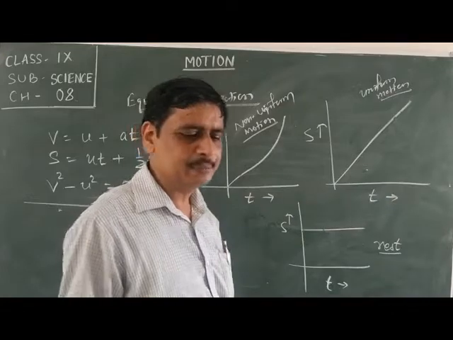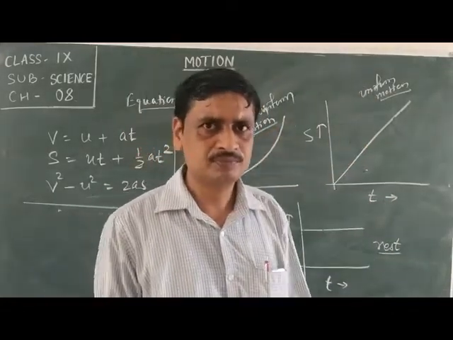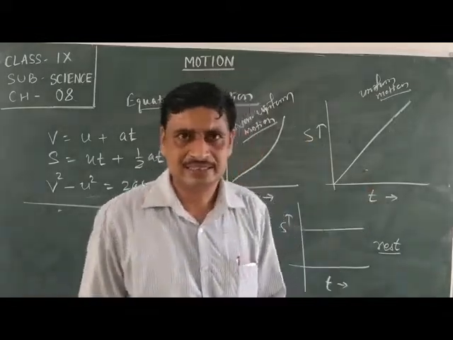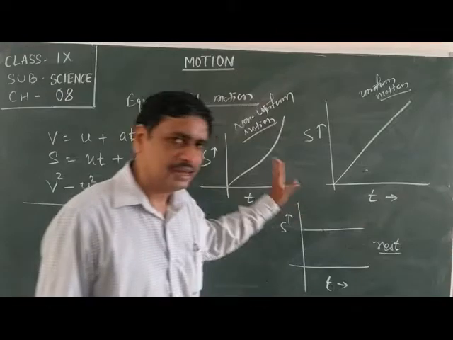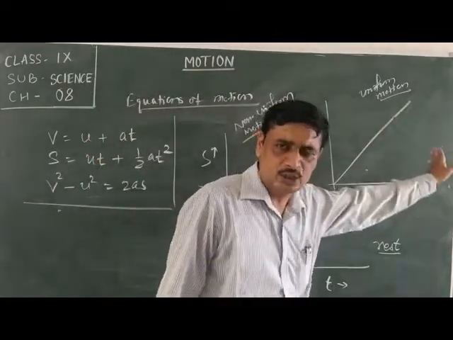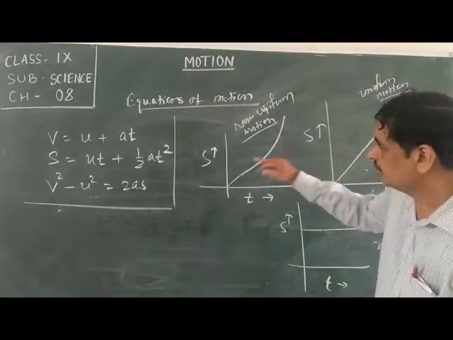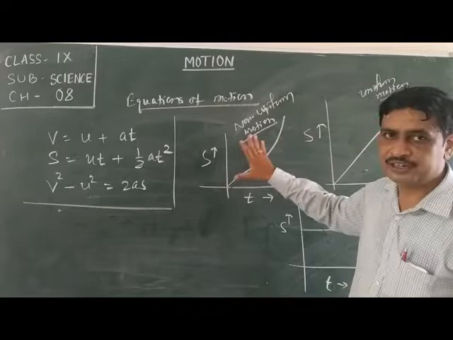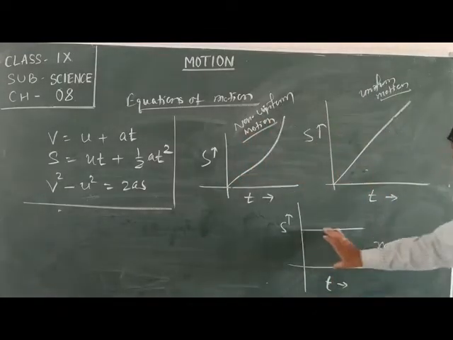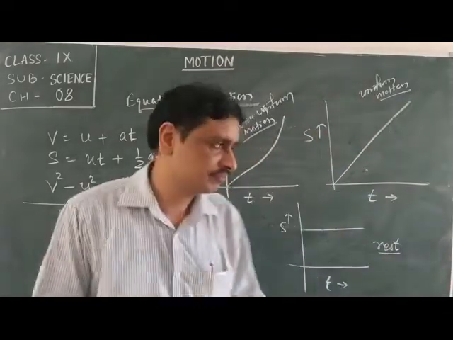Next, we will represent the acceleration of the body on velocity and time axes. Here, this shows the velocity of the body also, like uniform motion is shown here. That means the body is moving with uniform velocity. Non-uniform motion is here. The body is moving with non-uniform velocity. But when the body is at rest, the velocity is 0.